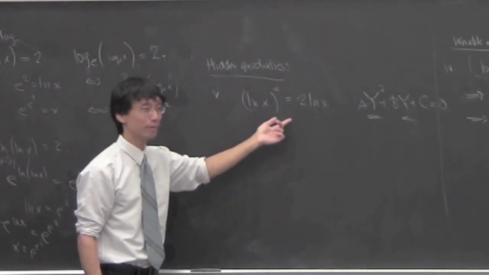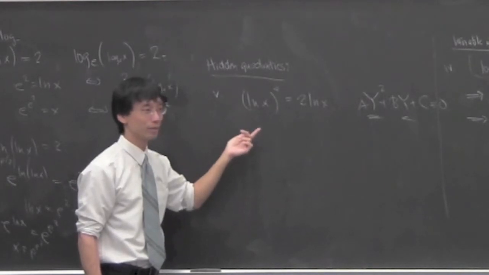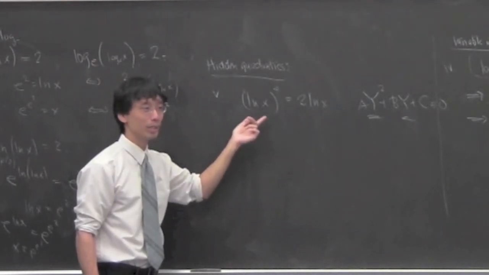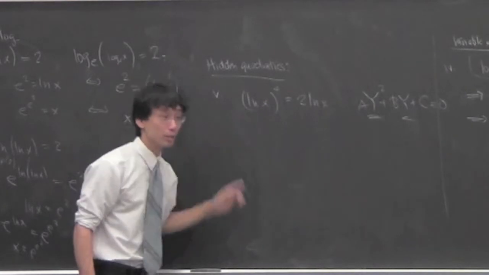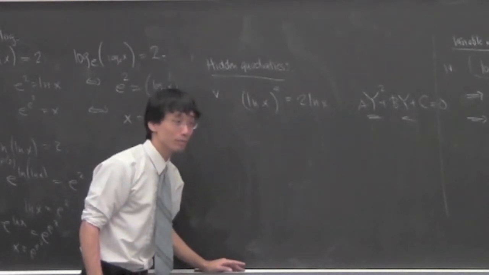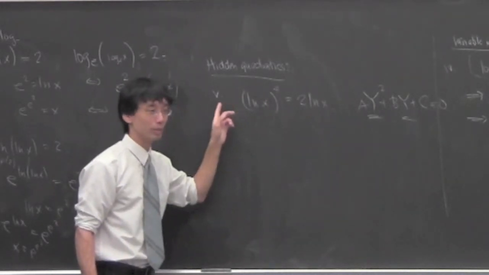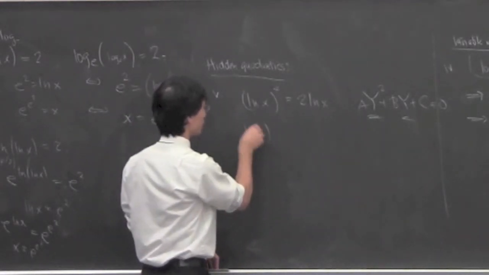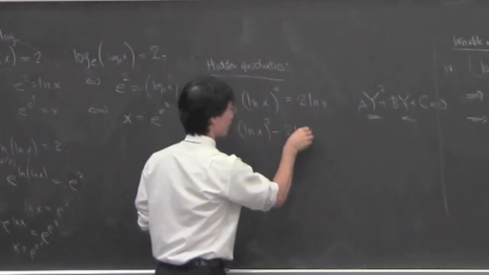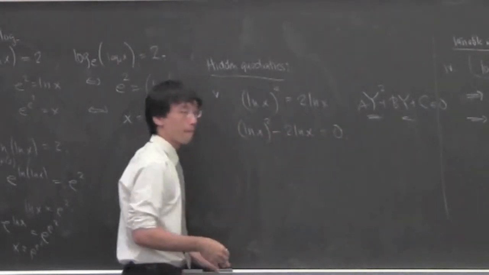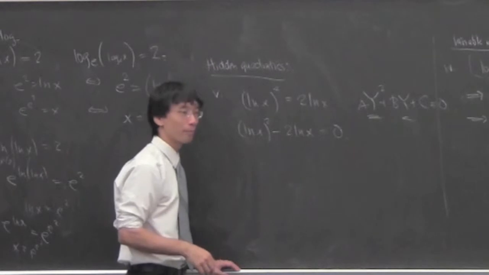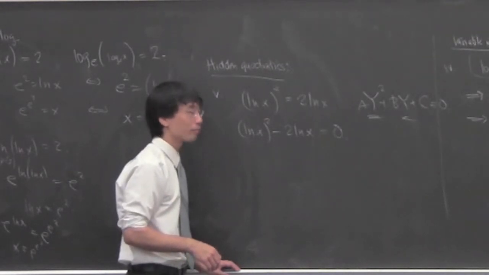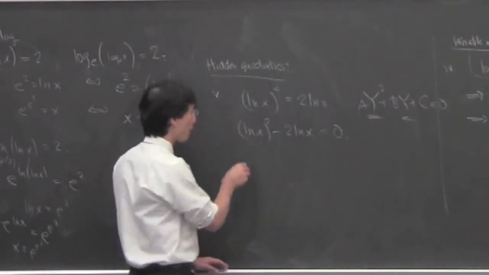What is y? What should we let y be? Joanne? Did you say that? I thought you said move the 2 over. Subtract. Oh, okay. So natural log. Sorry, I misunderstood. Okay. And then? And you can pull out the ln x. Okay.